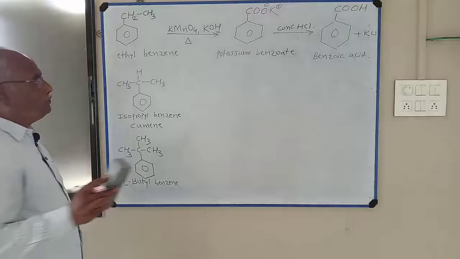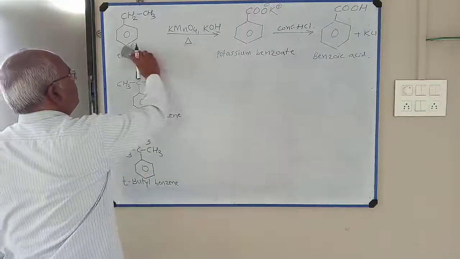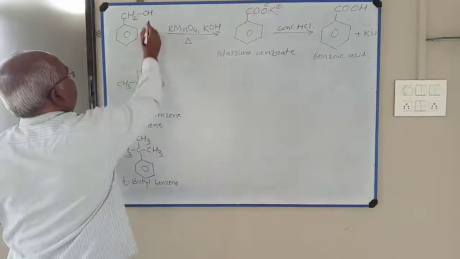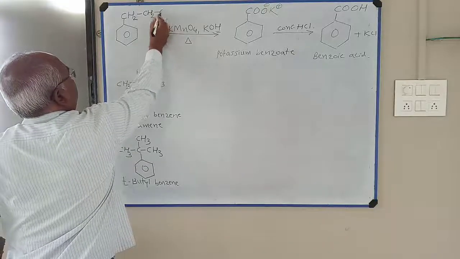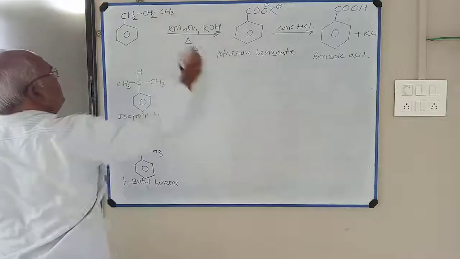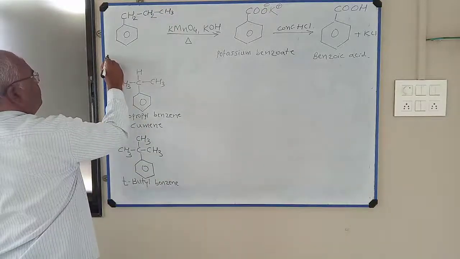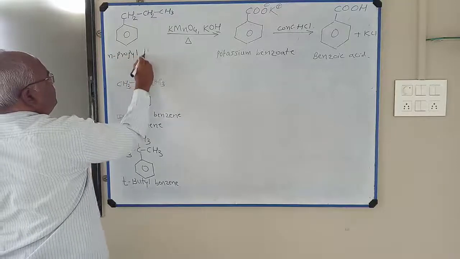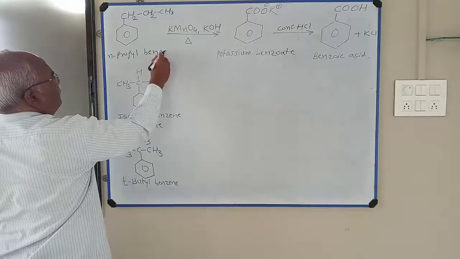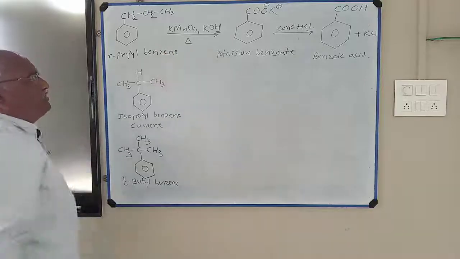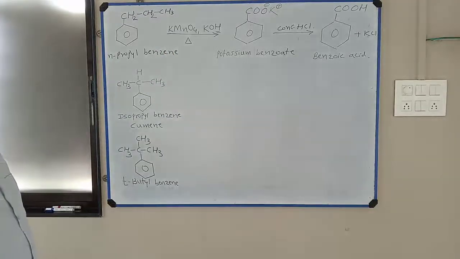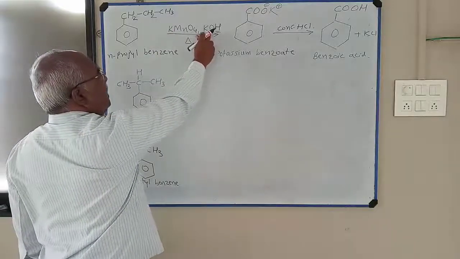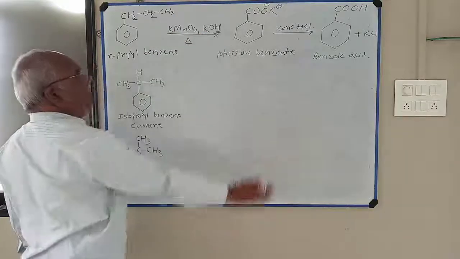I explain one more by giving one more example. The carbon chain is again increased. N-propyl benzene. This compound is n-propyl benzene. Its oxidation is carried out by using potassium permanganate and alkali, potassium hydroxide.